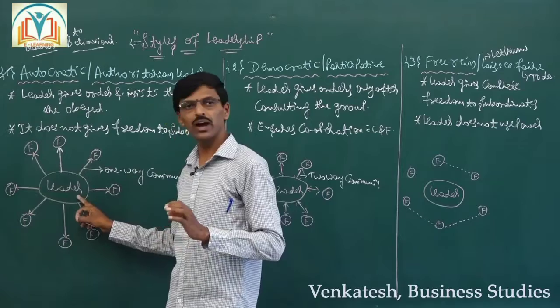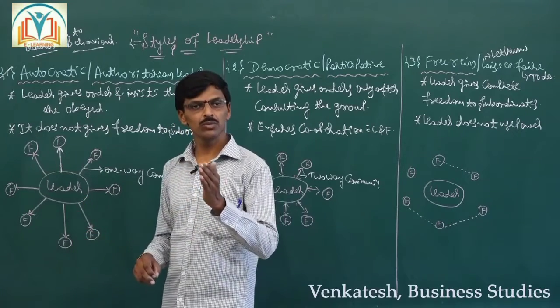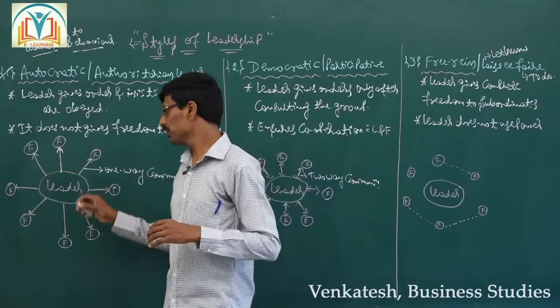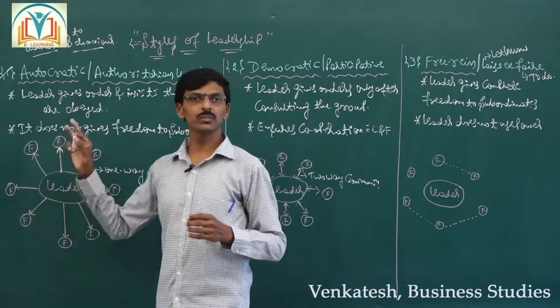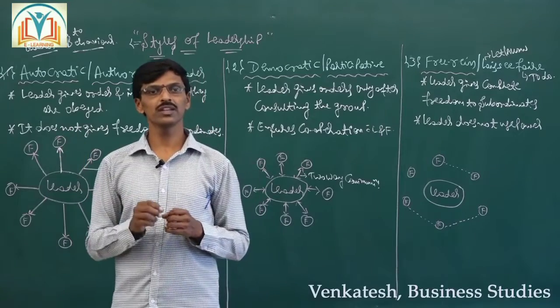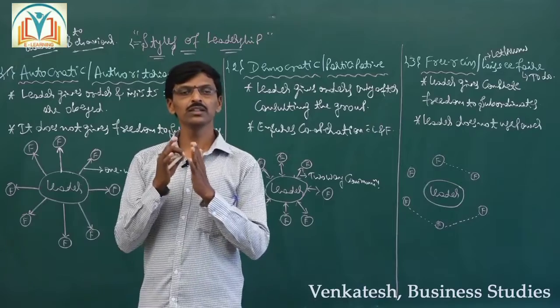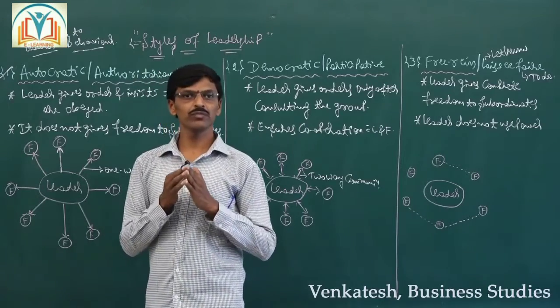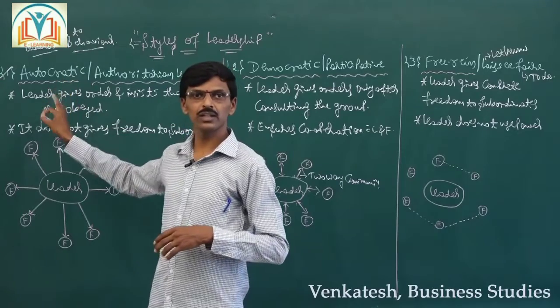Only the leader has the power to take the decision. Hence, he alone takes the decision, and according to that decision, the orders are given to the followers in an enterprise. That is all about the first type of leadership, that is autocratic leadership.